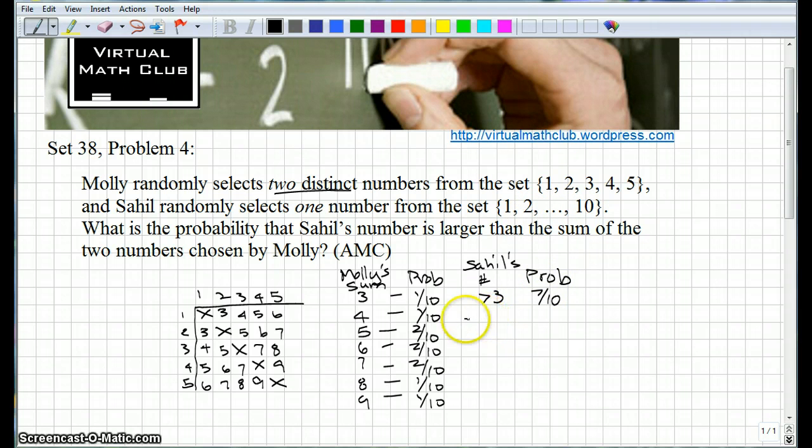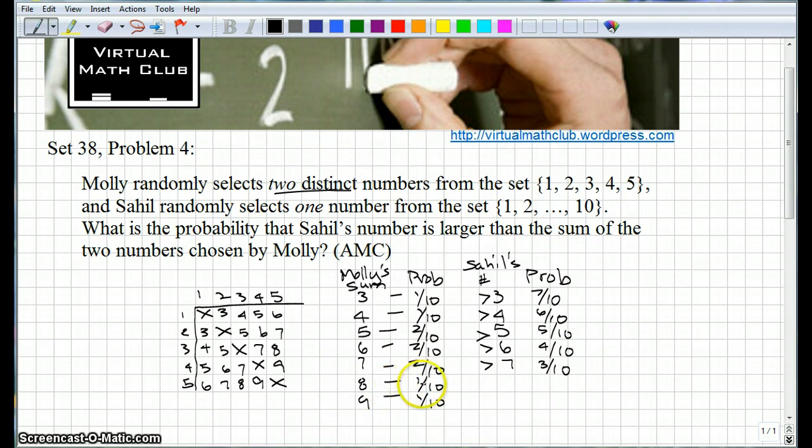If Molly's sum is 4, we want Sahil's number to be greater than 4, so it's 6 out of 10. If Molly's number is 5, we want Sahil's number to be greater than 5, so that's 5 out of 10. If Molly's number is 6, we want Sahil's number greater than 6, so that leaves 4 out of 10. If Molly's sum is 7, that's 3 out of 10.